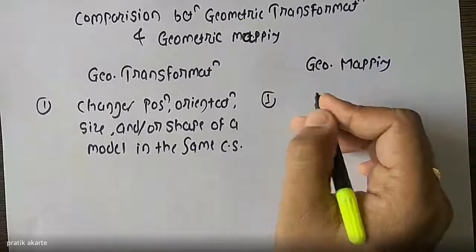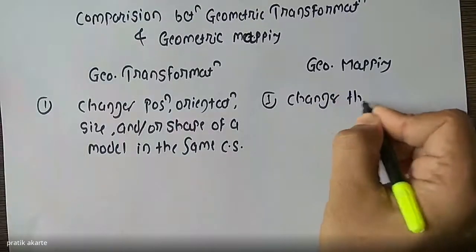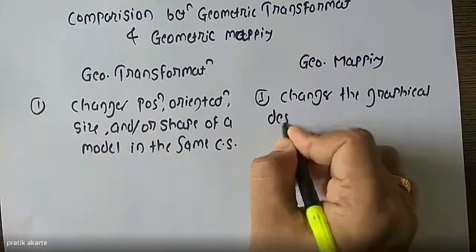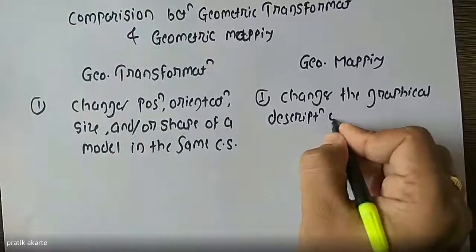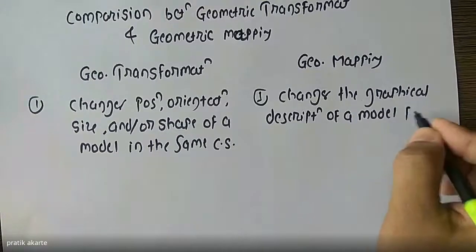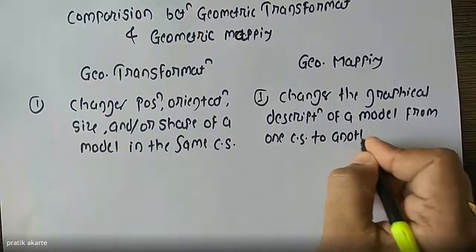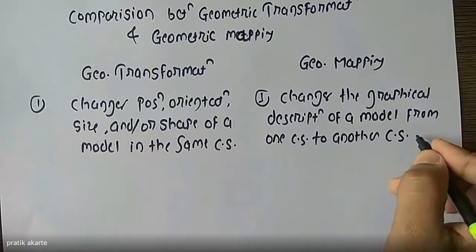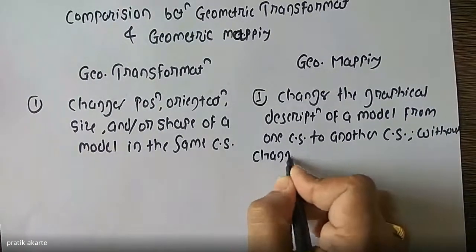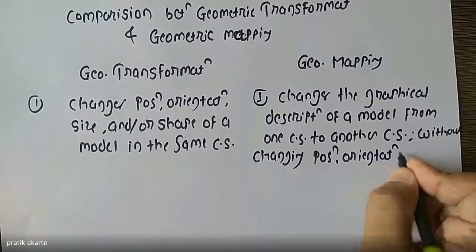So geometric mapping changes the graphical description of a model, or a graphic element, from one coordinate system to another coordinate system, and it is without changing position, orientation, size, and shape.